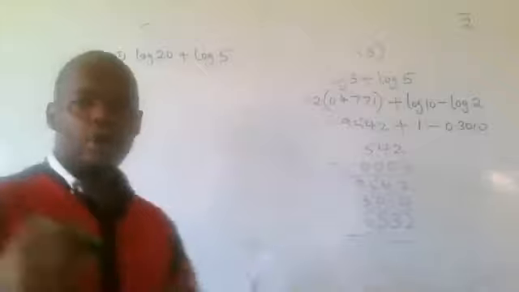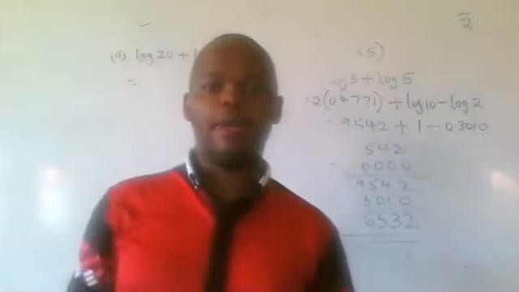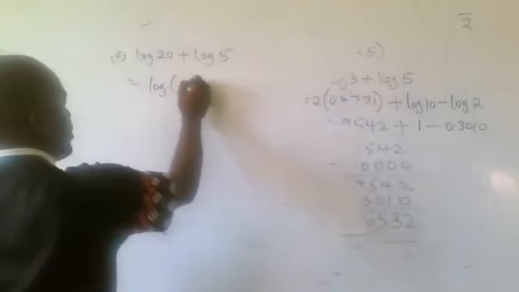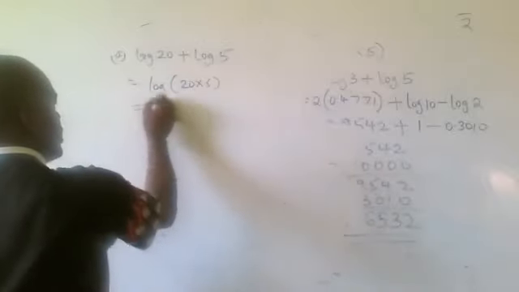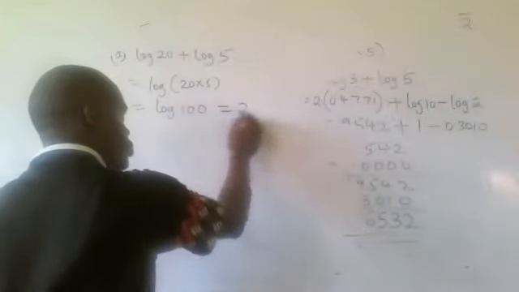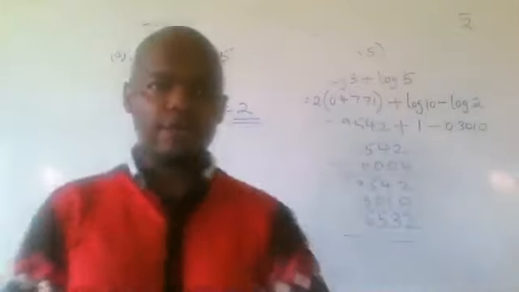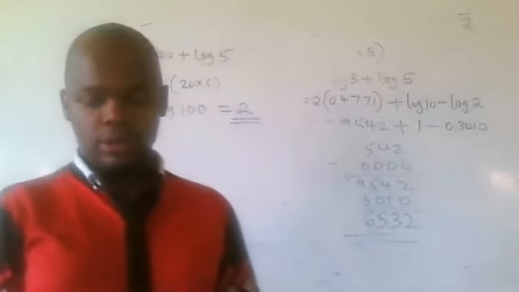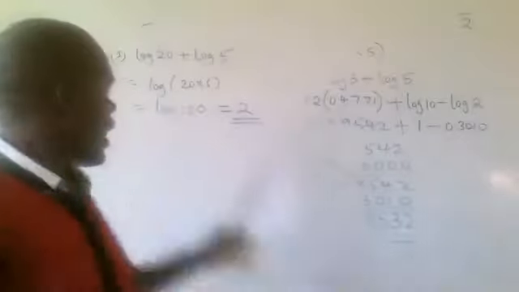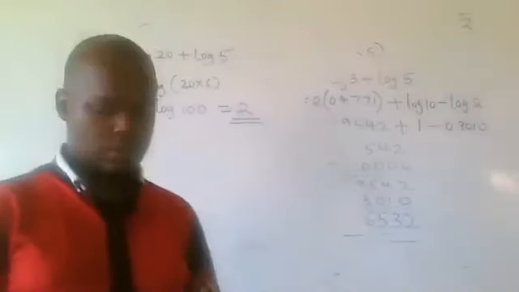So if I have log 20 plus log 5, that will be the same as log in bracket 20 times 5, which is log 100, which is 2. So don't leave your answer as log 100.